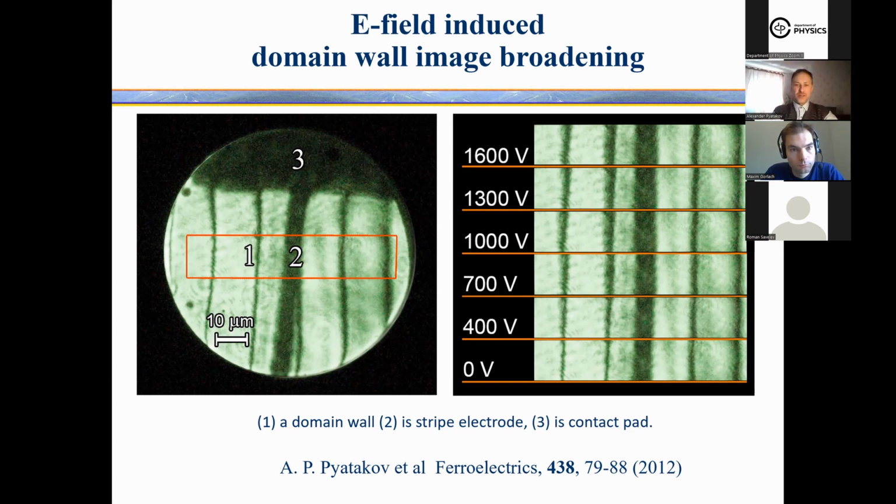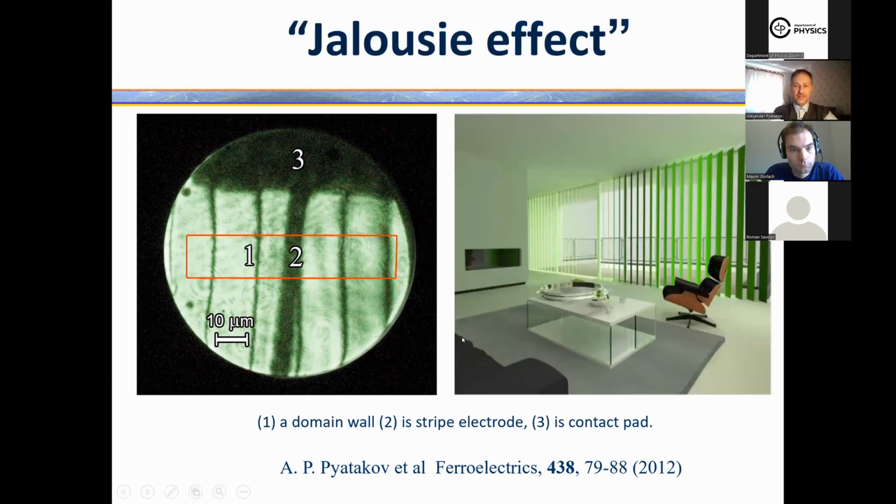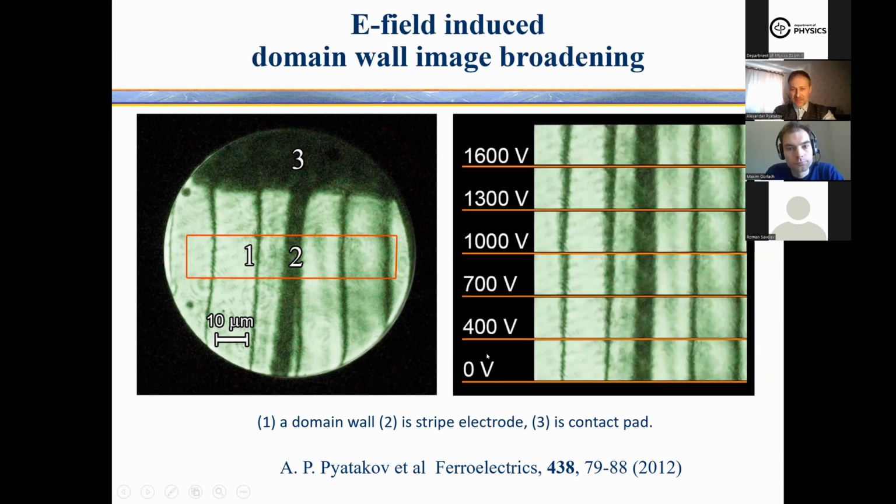We call it the jalousie effect, due to the analogy to the blinds of a jalousie curtain. And when we apply electric voltage higher and higher, the image of the domain walls broadens.